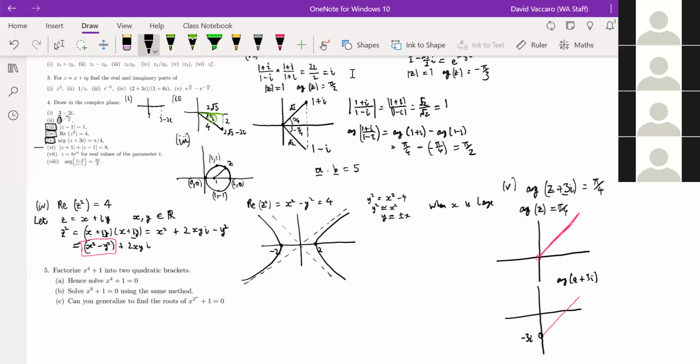Question 6 I will leave as an exercise. And question 7 I will leave as an exercise.